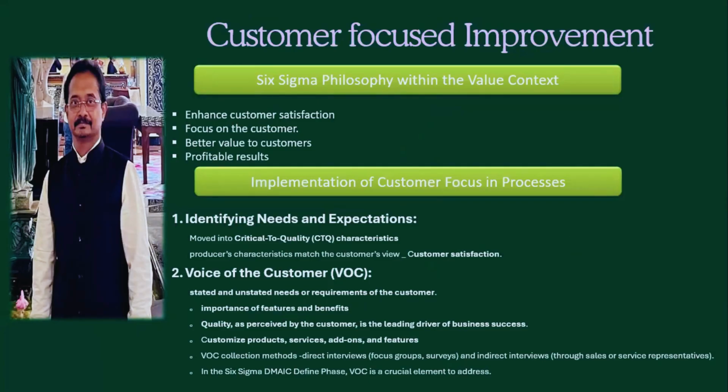Six Sigma and Lean mainly aim at customer satisfaction, when the customer's expectation is met. It focuses on the customer and aims to give better value to the customer, by which you get a profitable result.